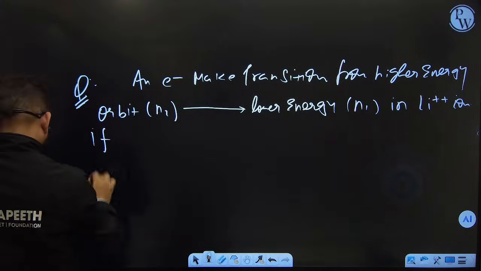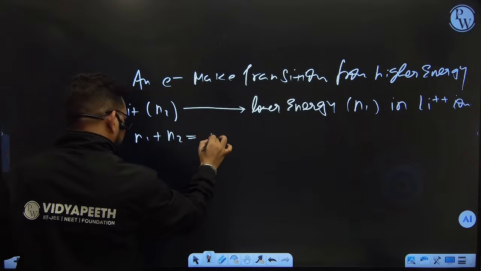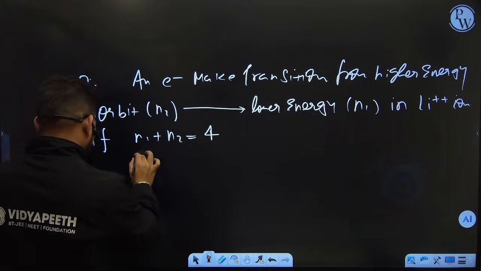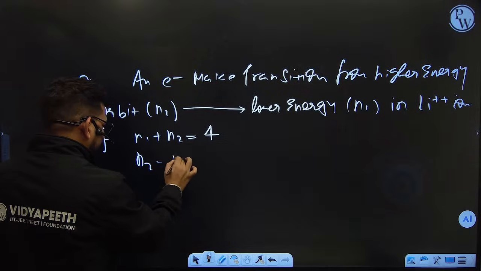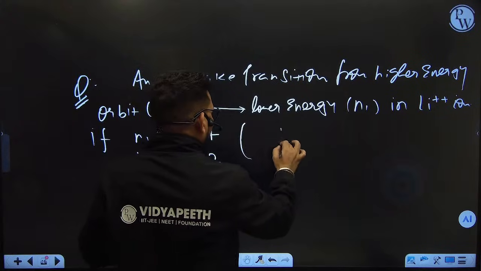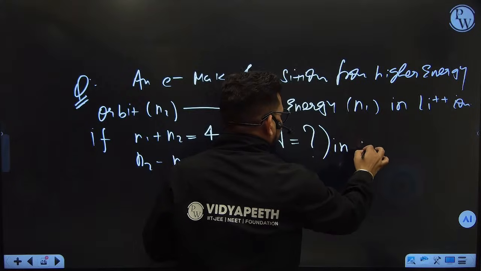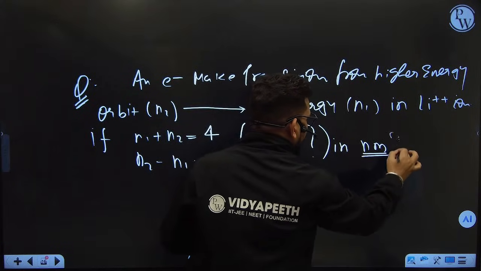If n1 plus n2 gives 4, n2 minus n1 gives 2, then find out the wavelength during the transition of the electron in nanometer.